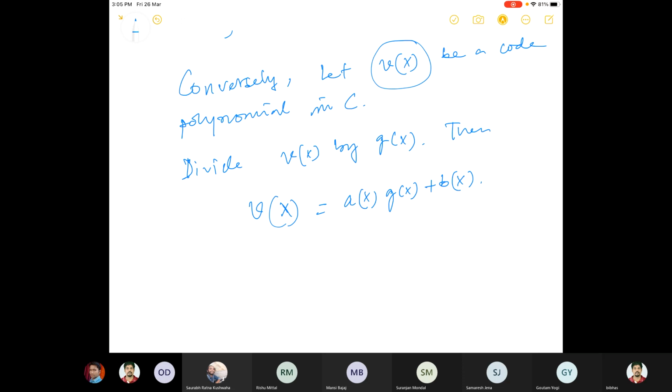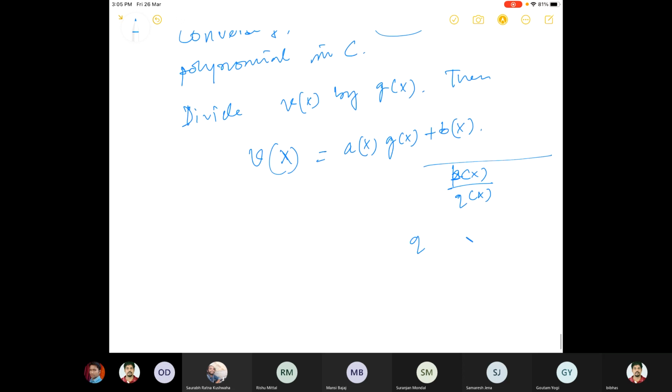Let's say you have P(x) by Q(x), and suppose the degree of P(x) is more than Q(x). Then you write some polynomial here, say Q1(x), and multiply it by Q(x).